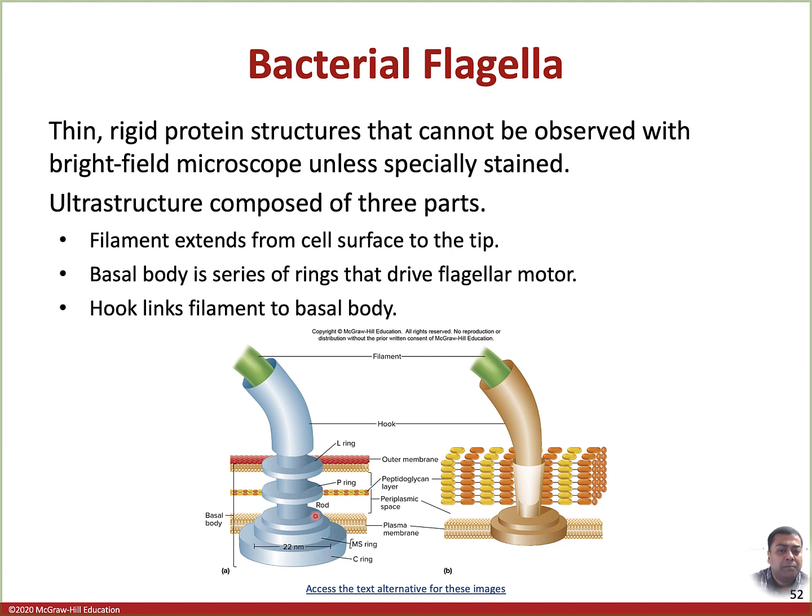So you have the L, P, MS, and C rings, four rings mainly in the gram-negative bacteria. Whereas in the gram-positive bacteria, you just have an anchored structure into the plasma membrane and the peptidoglycan layer, a much simpler arrangement of the flagella.